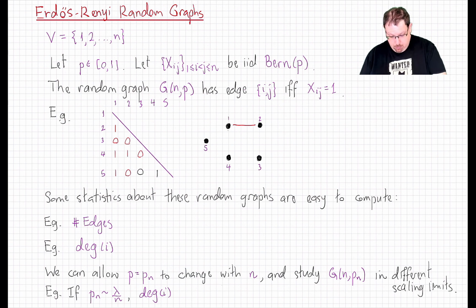There's an edge between 1 and 4, and between 1 and 5. There's no edge between 2 and 3 or 2 and 5, but there is an edge between 2 and 4. There are no edges coming out of 3 at all, and there is one edge between 4 and 5. And there is this instance of the Erdos-Renyi random graph.